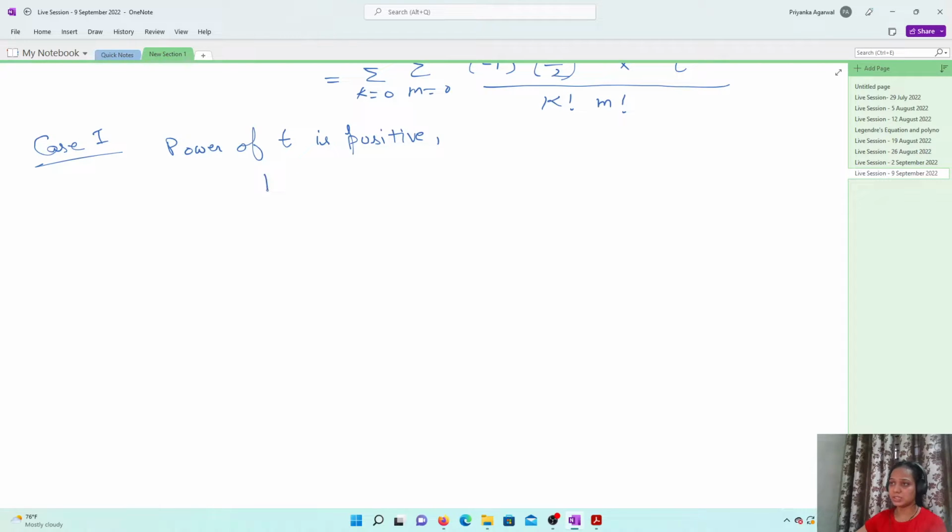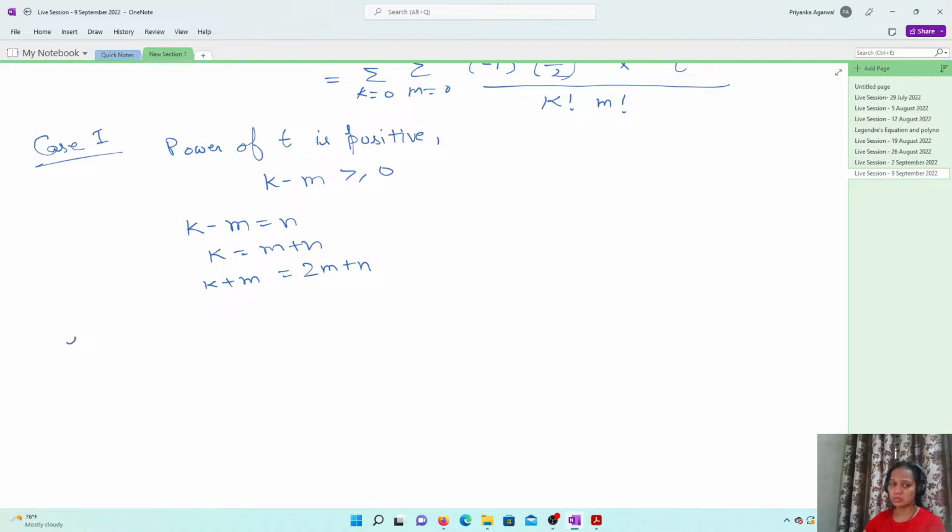What would that mean? That k minus n is greater than or equal to 0. So let's say k minus n equals n, then k becomes n plus n, and k plus n can be written as 2n plus n.